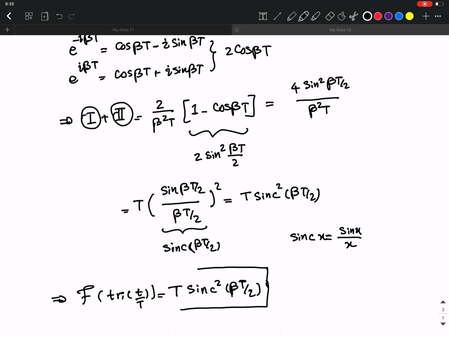Okay, so in the beta space, you can plot this and see how it looks.